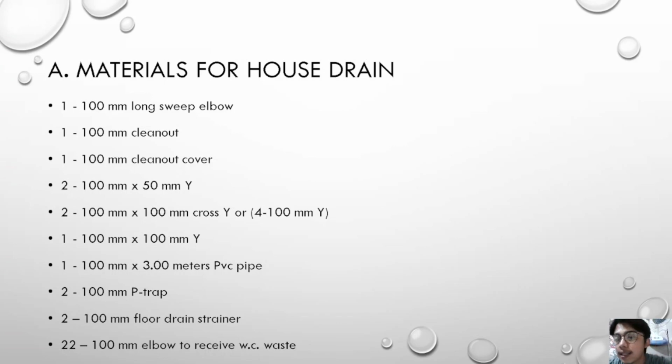So the sizes of fittings and pipes are also important to consider to ensure proper flow and prevent blockages. The list also includes the number of elbows needed to receive waste from the toilet. So overall, these materials are crucial for a functional and effective drainage system in a house.